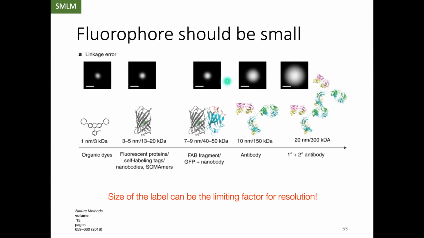If you're looking at such a construct to stain a specific part in the cell, this whole thing together is already 20 nanometers. So we're never going to be able to get high resolution if my whole construct to make it fluorescent is already so huge. That's why, for this kind of imaging, the highest resolution is obtained by using fluorescent dyes.